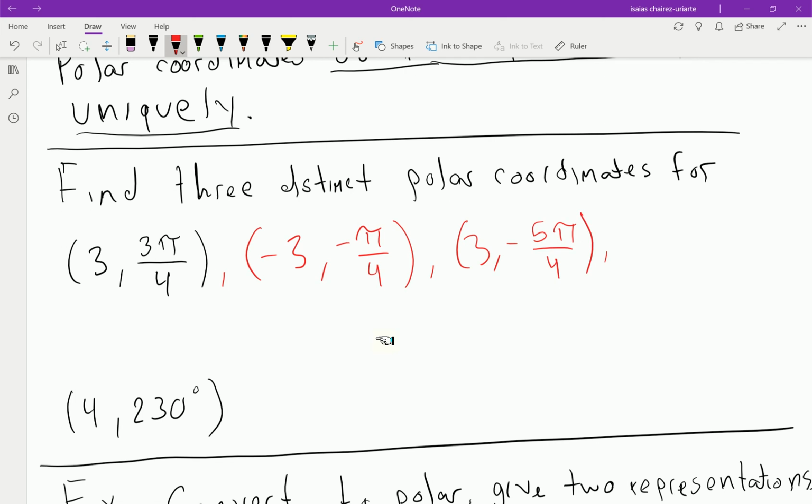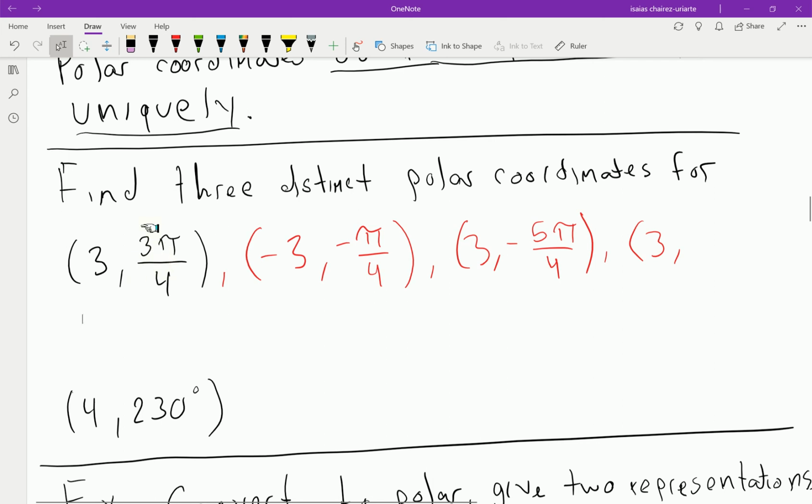What would be another possibility here? What about 3 and a positive coterminal angle to 3π/4?